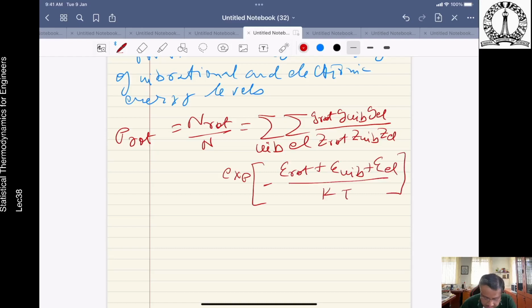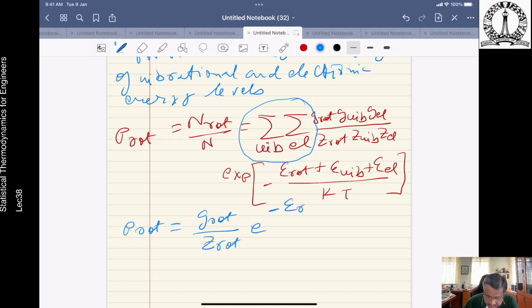So you can see that we have summed over all the vibrational and over all the electronic energy levels, because we are interested in a particular rotational energy level, and we are not really concerned about the corresponding vibrational and electronic energy levels. So this is g rot divided by Z rot times the exponential of minus E rot by kT.